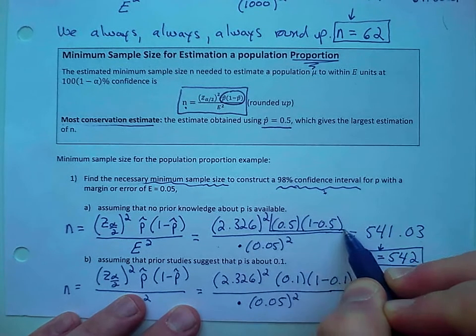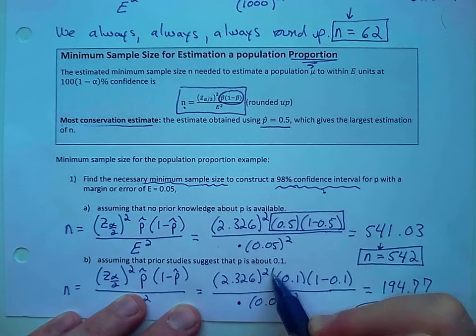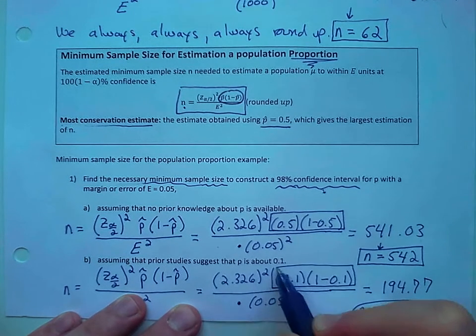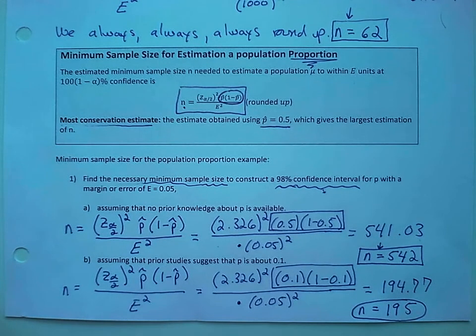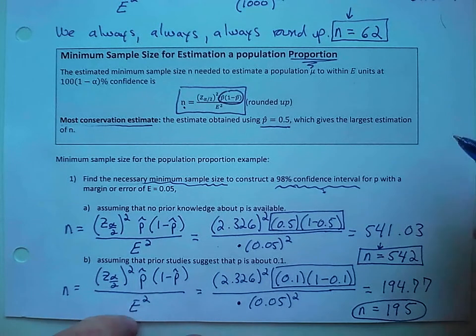The only thing that we're changing then is this product. The product between these two things. Now, how do we get this product to be our largest?